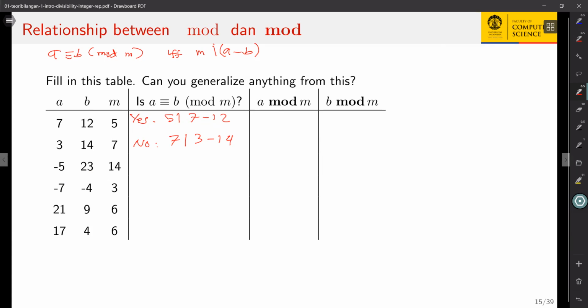How about this one? The third one? Yes or no? Yes, sir. So why? 14 divides minus 28, right? Minus 5 minus 23. So minus 28, yeah. And of course, how about this?